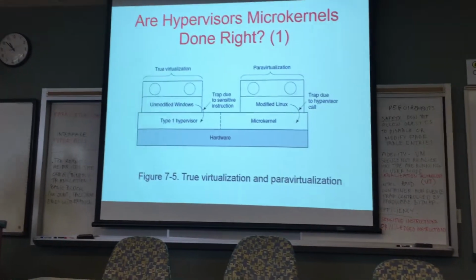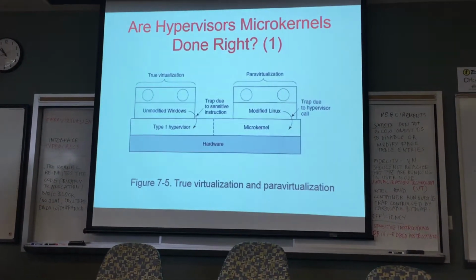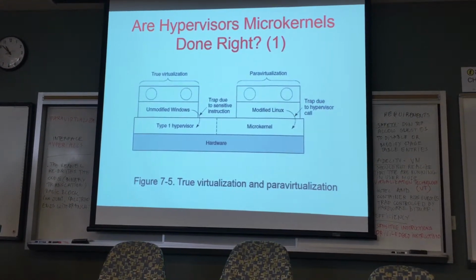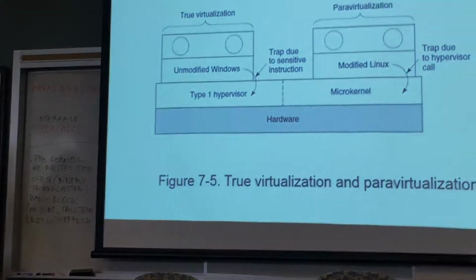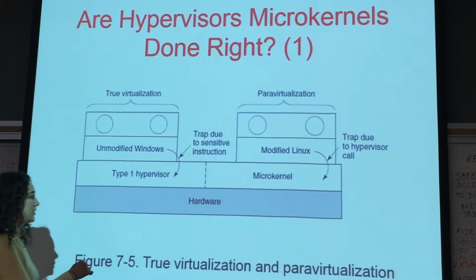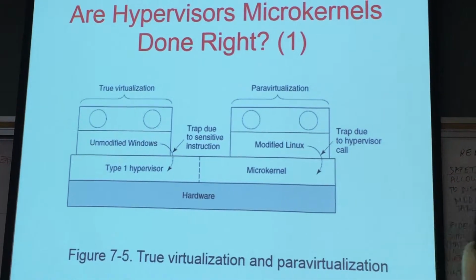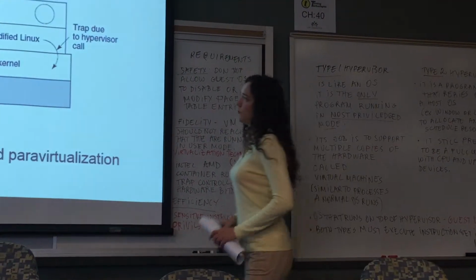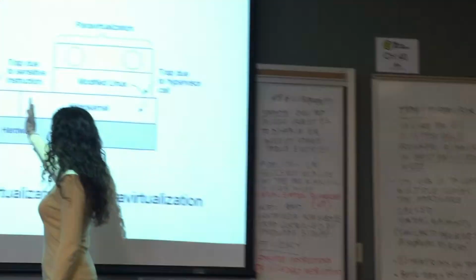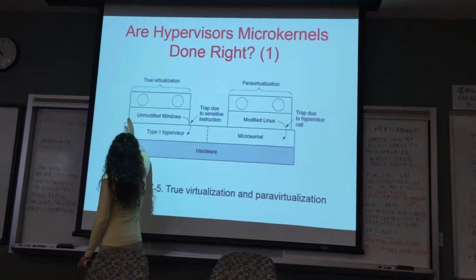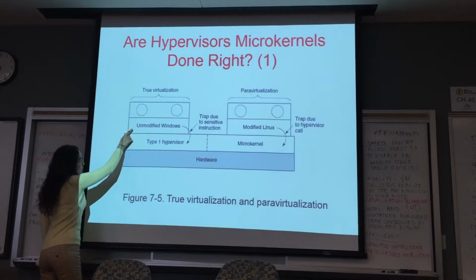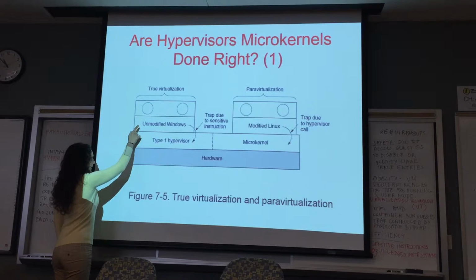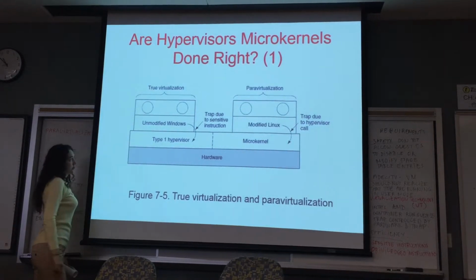So let's look at the two types we have discussed. We have two virtual machines here on the picture which support this virtualization technology. The first one, which is on the left side of this dashed line, is a Windows virtual machine, and it's an unmodified version of Windows.